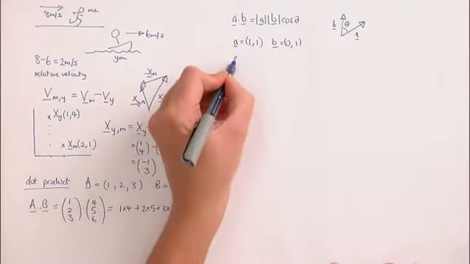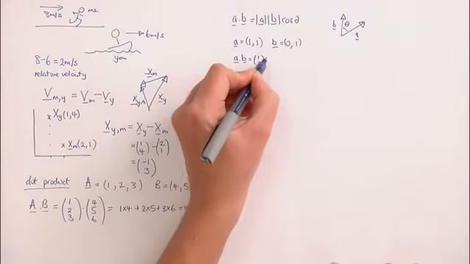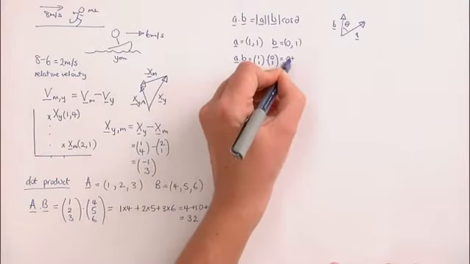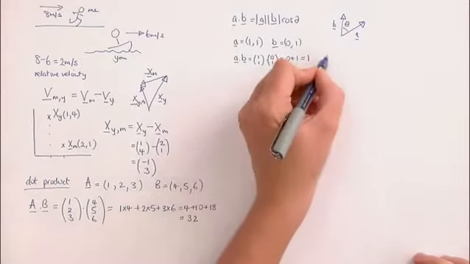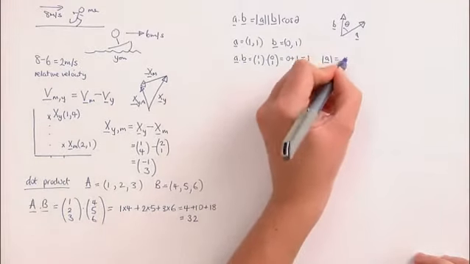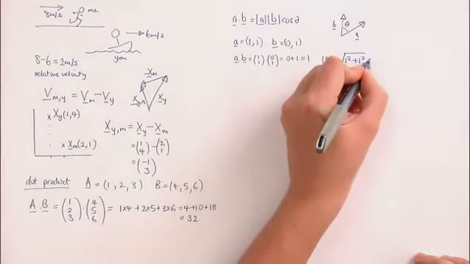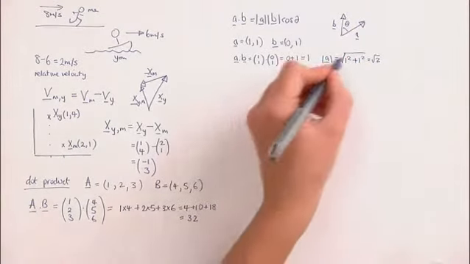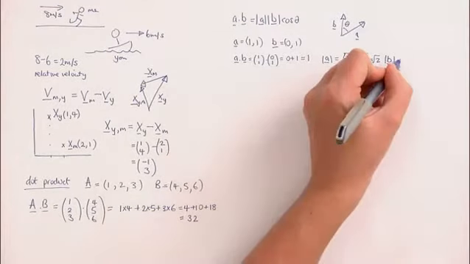So the dot product is (1, 1) dot (0, 1), which is equal to 0 plus 1, which is equal to 1. The magnitude of A is given by Pythagoras' theorem, so it's 1 squared plus 1 squared, all square rooted, which is equal to root 2. And the magnitude of B is simply 1.